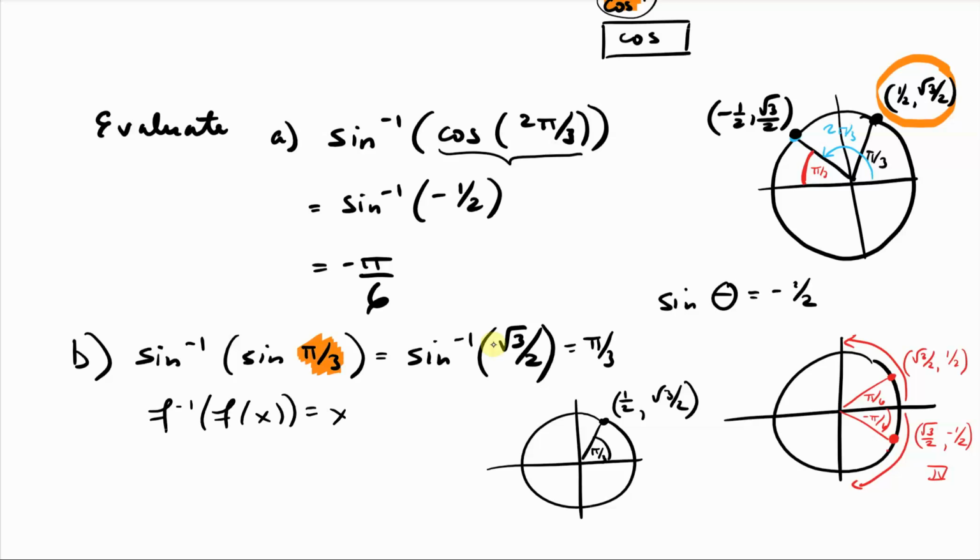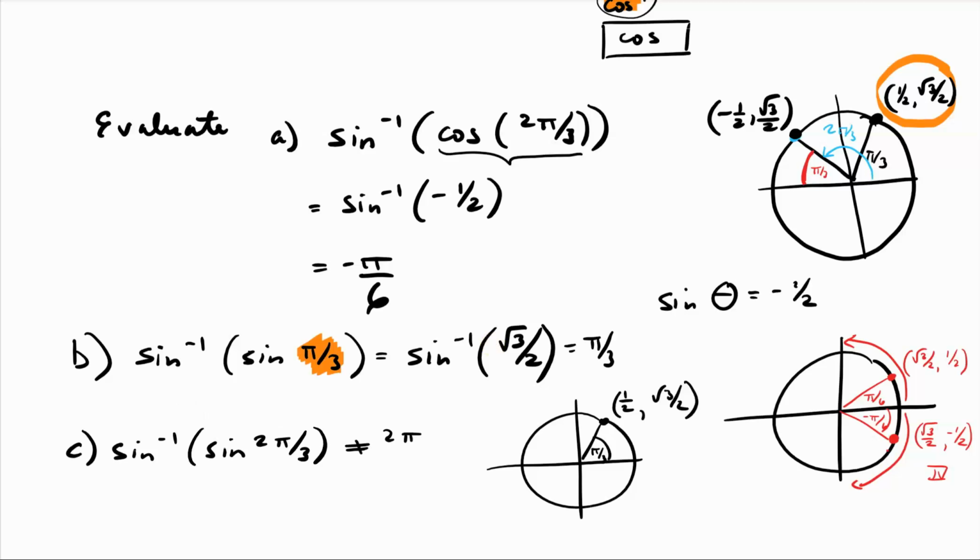But with the sine functions, you have to be careful. The x here has to be in the range of the inverse sine function. So let's look at C. We have something similar. You have sine inverse of sine of 2 pi over 3. And I'll tell you right away, this is not going to give us 2 pi over 3 this time, because this is not in the range of our inverse sine function.